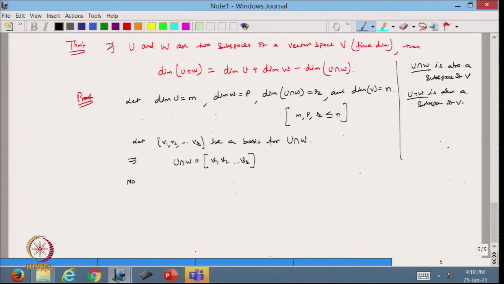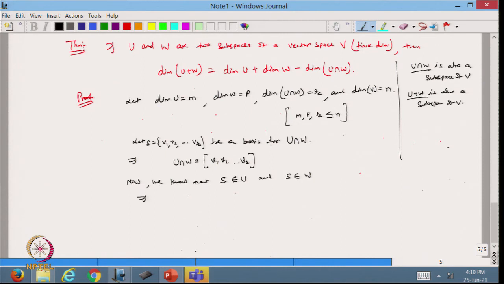Now, I will call this set S. Now we know that S belongs to U and S also belongs to W, because these vectors will definitely lie in U and W also, because they belong to the intersection.